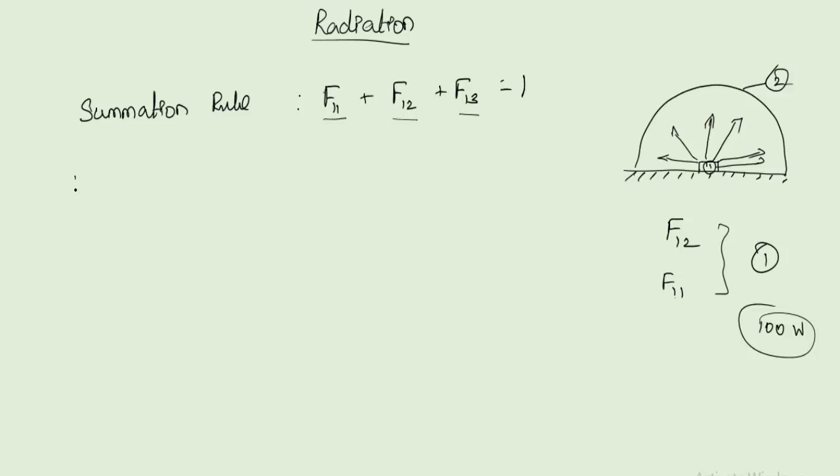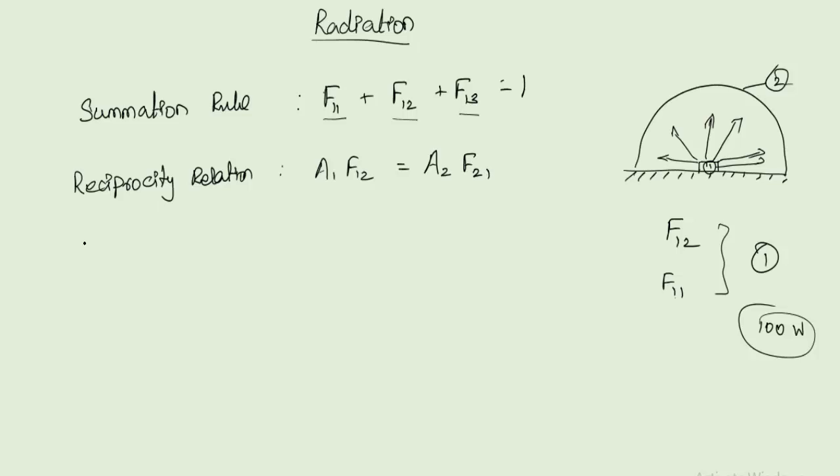Then the second rule is the reciprocity relation. The reciprocity relation is nothing but A1, the area of the surface of object number 1, times F12 is equal to the area of the surface of object number 2 times F21.